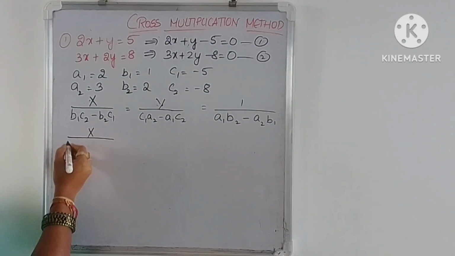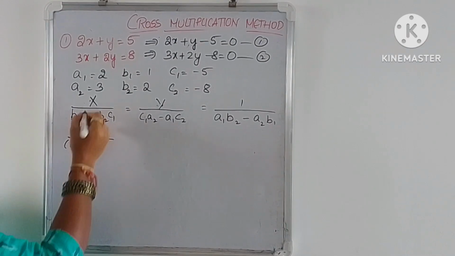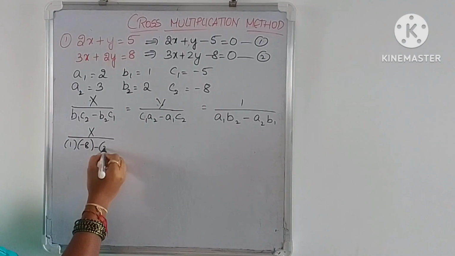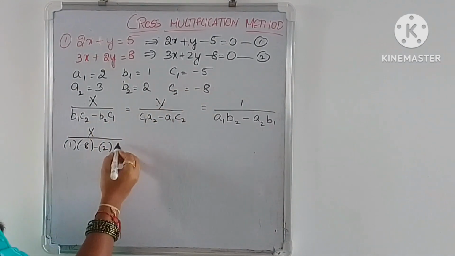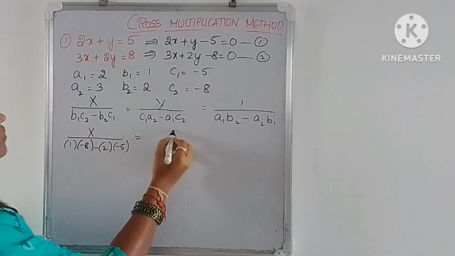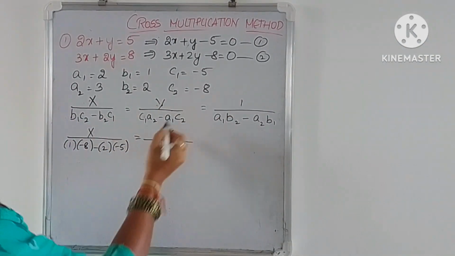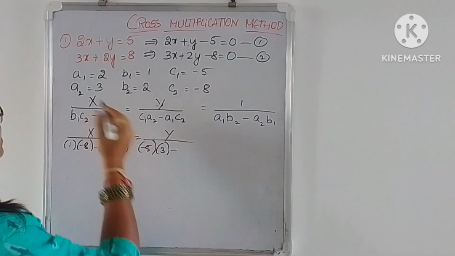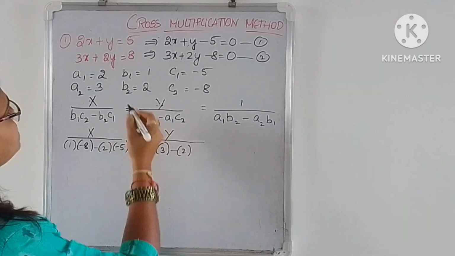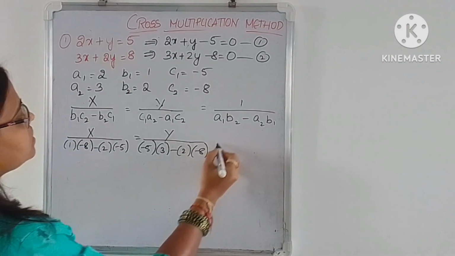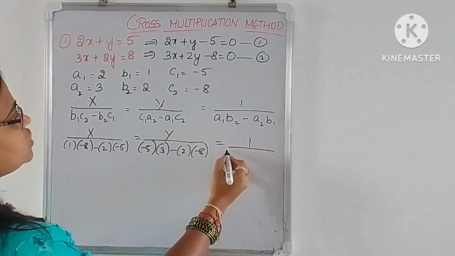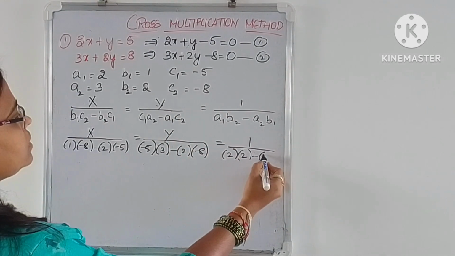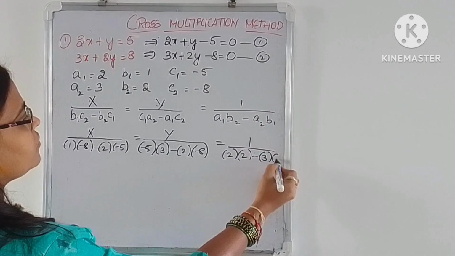Now x by b1 is 1, c2 is minus 8, minus b2 is 2 and c1 is minus 5. y by c1 is minus 5, a2 is 3, minus a1 is 2 and c2 is minus 8. That goes to 1 by a1 is 2, b2 is 2, minus a2 is 3, b1 is 1.